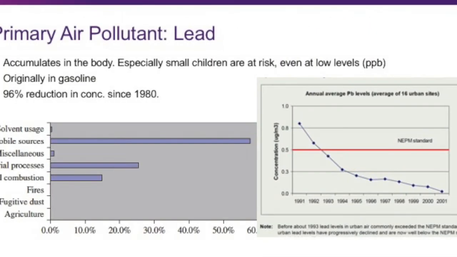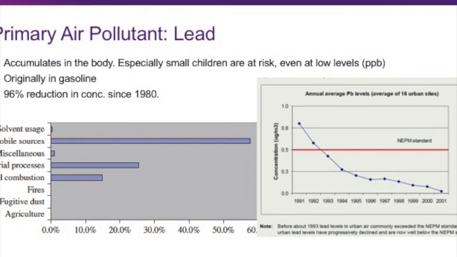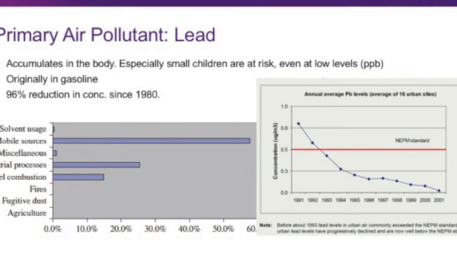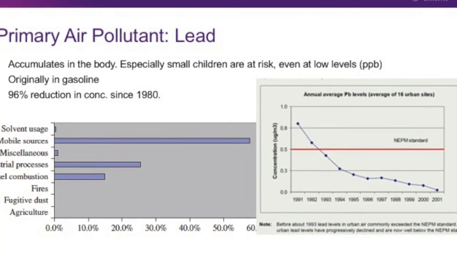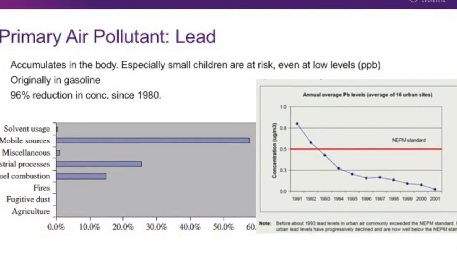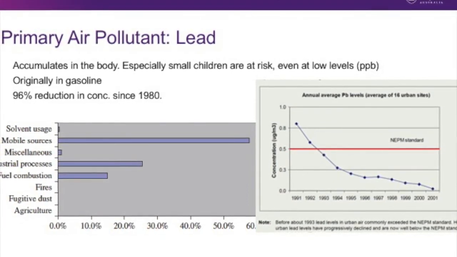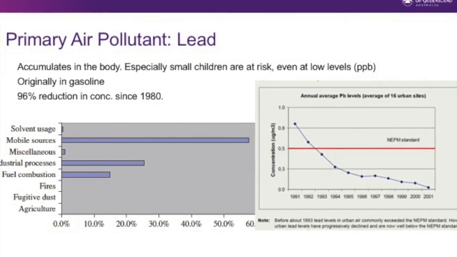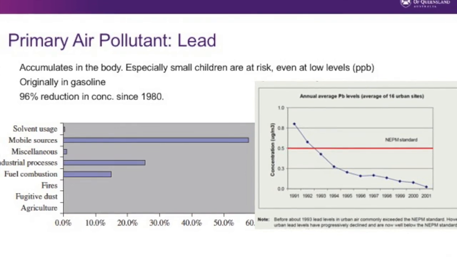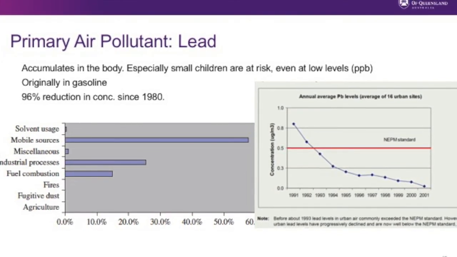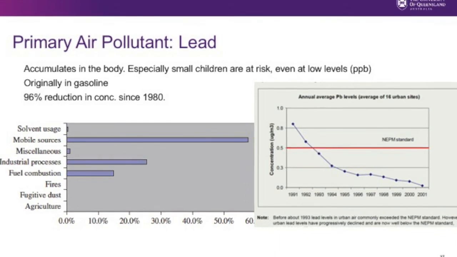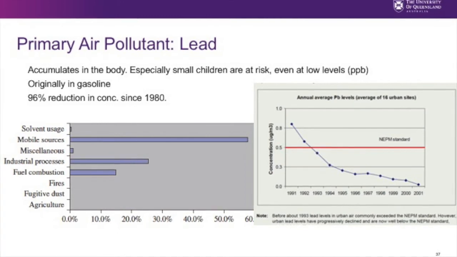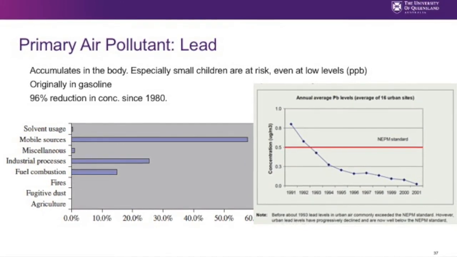Now we're going to talk about lead. Lead was intentionally added to gasoline in the past in order to improve engine operation. Lead was also added to paint, to cosmetics, and other things that we were using in our daily lives before knowing the associated problems, which were related to bioaccumulation in the body and some detrimental effects mainly on children.